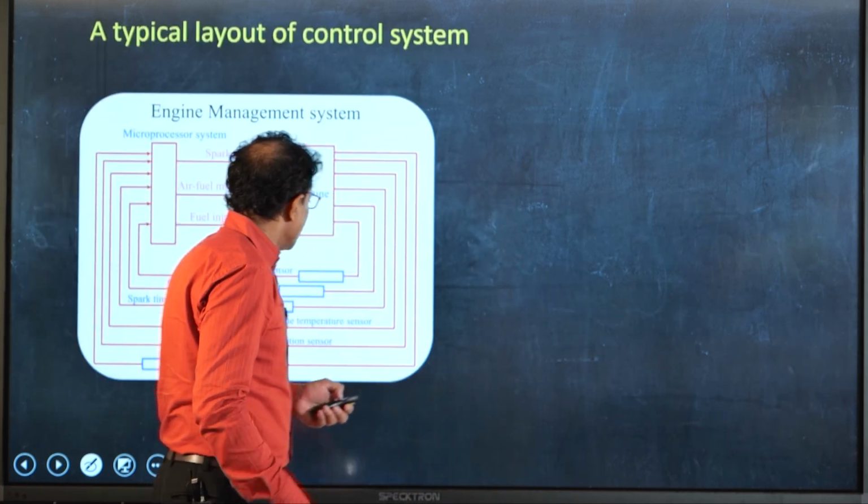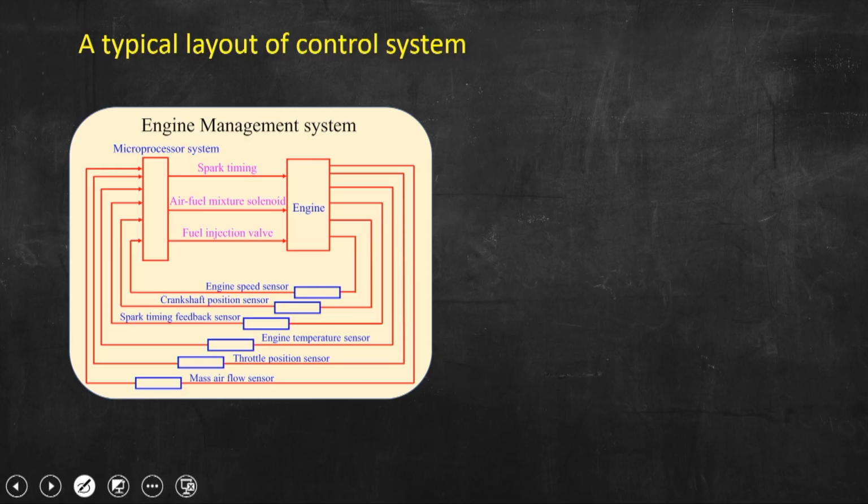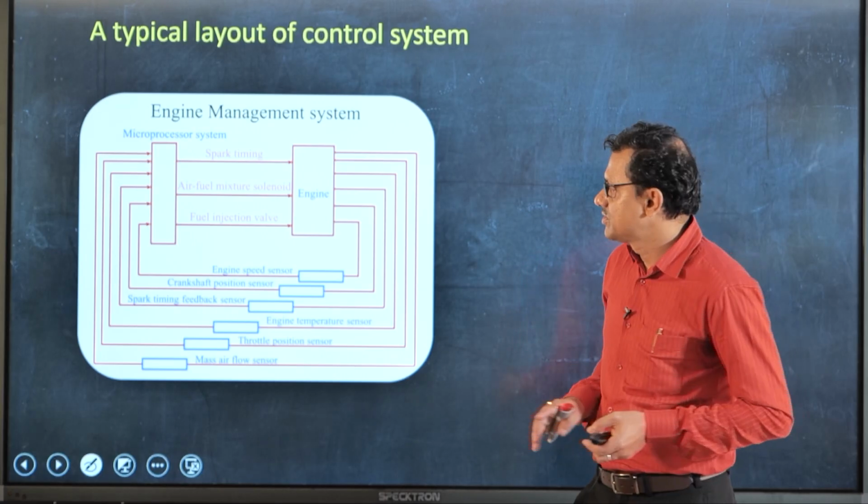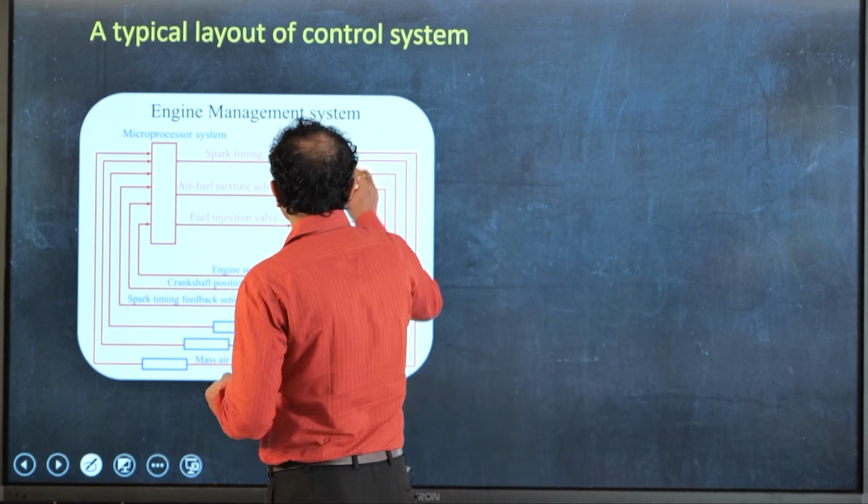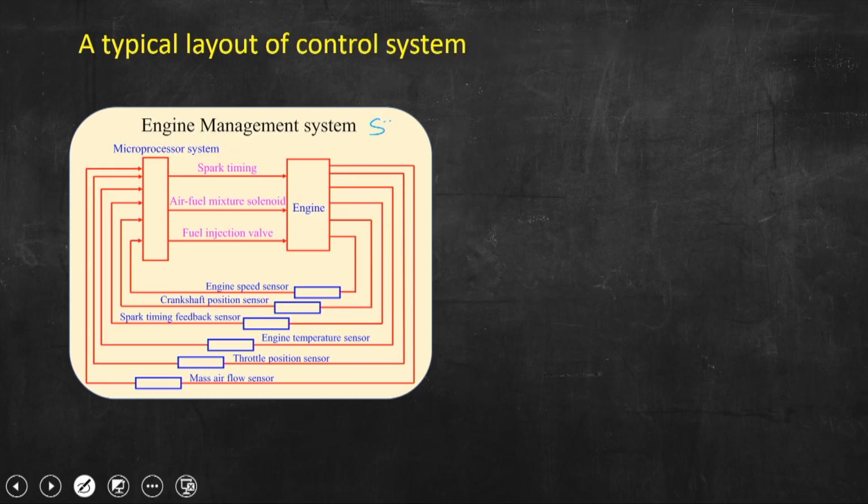Okay. So, now let us discuss about the control system, rather this is a typical layout of the control system for the SI engine. So, I should write here that this is engine management system for SI engine. So, this is for the spark ignition engine.